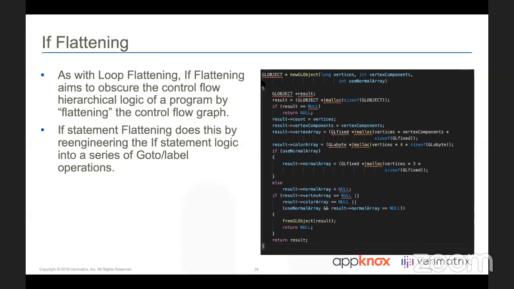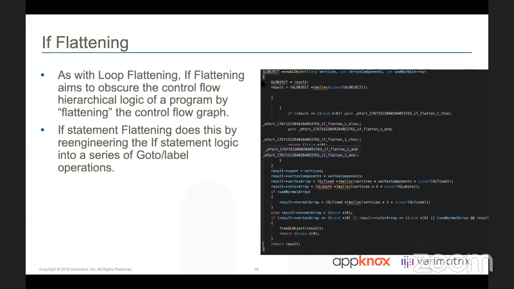And when you deal with if statement flattening, obviously you look for if statements, you look at branches within the code, and then you expand them out, you replace them with a nice if, then else, with go-tos, with label operations, and you make it much, much harder to follow that code, to understand what that code's doing.